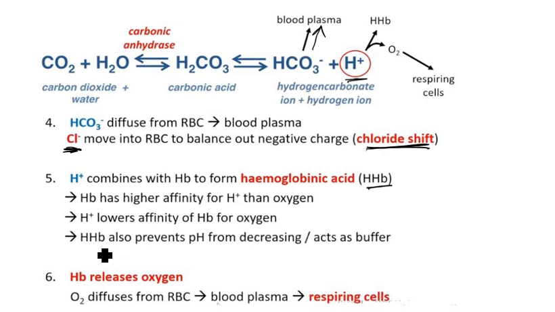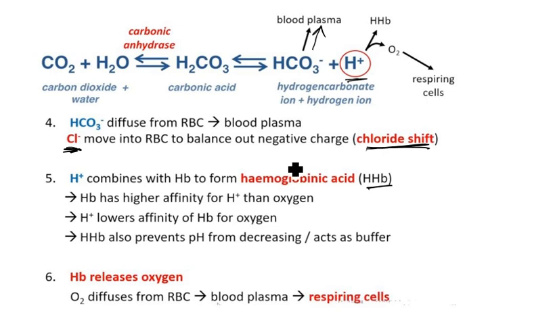Now the hemoglobinic acid will also prevent pH from decreasing. Remember, a decreasing pH is not good, so they need a way to counter it and balance it up, and that's why the chloride ion comes into play initially. The formation of this hemoglobinic acid will now prevent the pH from decreasing. It acts as a buffer, so the pH is supposed to retain its level.